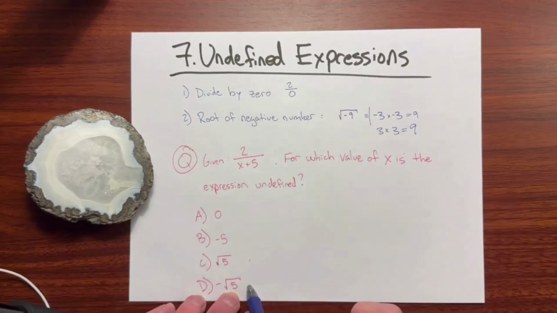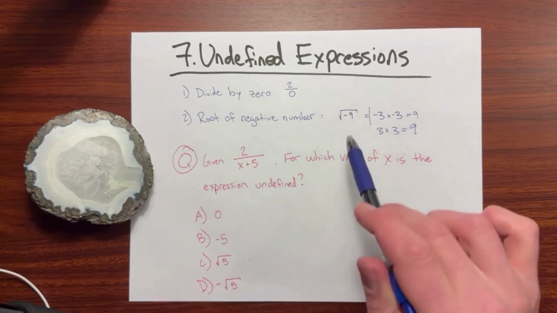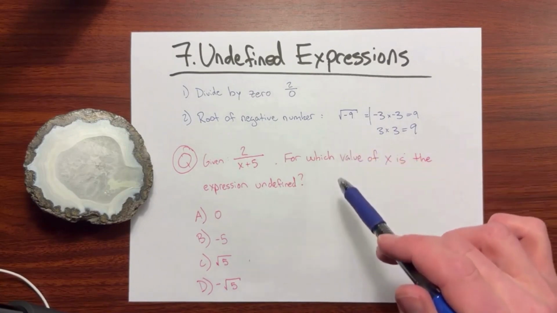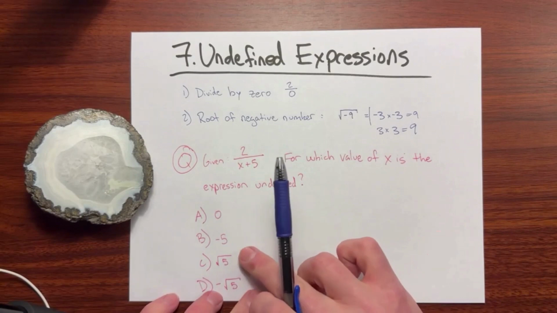And we're looking through the answers here, and you may think, oh, here's a negative square root. But you can see the negative is outside of the square root, which would not make it an undefined expression. It's only when it is inside of the square root or other root that you'll have that undefined problem.